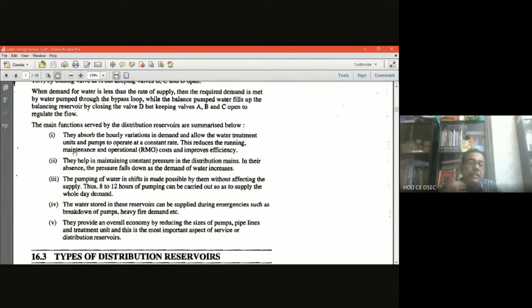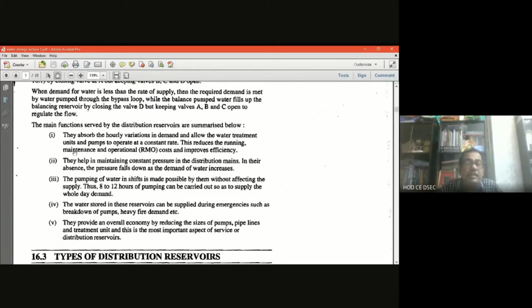That means they absorb the hourly variations in demand and allow the water treatment units and pumps to operate at a constant rate. This also reduces the maintenance and running cost, and operational cost, improving the efficiency.